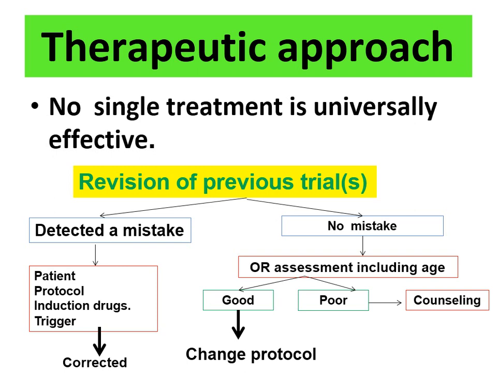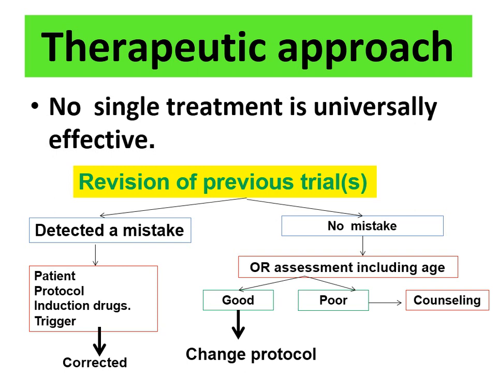So now these are the criteria of empty follicle syndrome and the possibilities of its occurrence. Now we are confronted with this lady with empty follicle syndrome. How to treat this case? There is no single treatment universally accepted for cases of empty follicle syndrome.